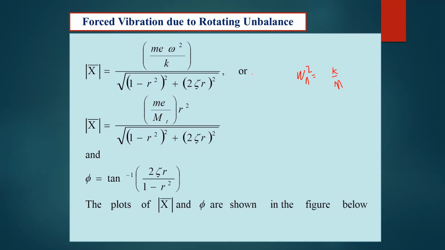Again, there is m e. Okay, 1 minus r square, this is correct, plus 2 zeta r, the whole square, correct, m e over k. So let's bring capital M from the equation and a small m. So it comes like that.